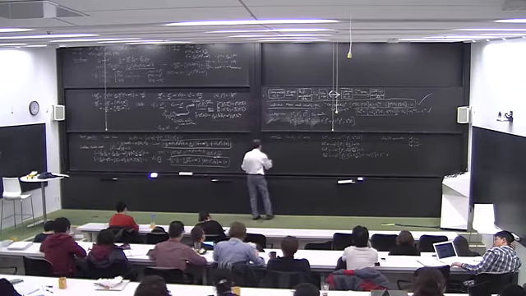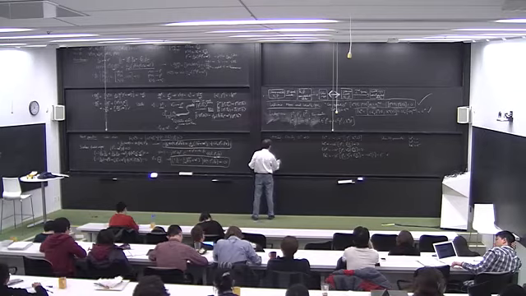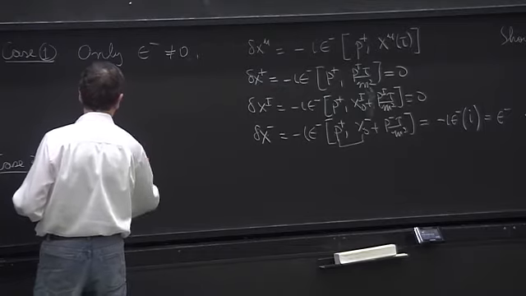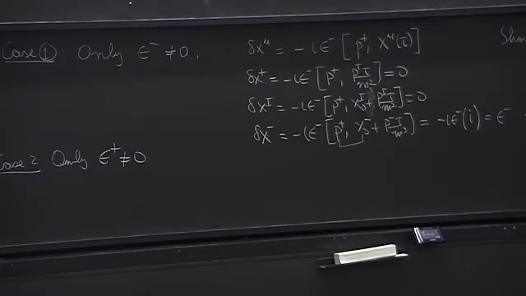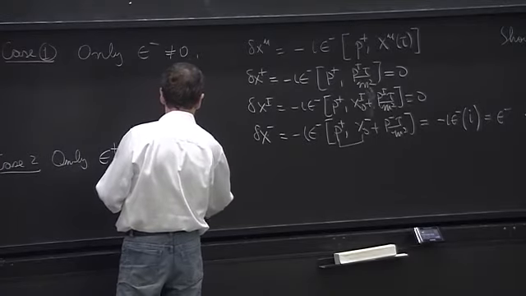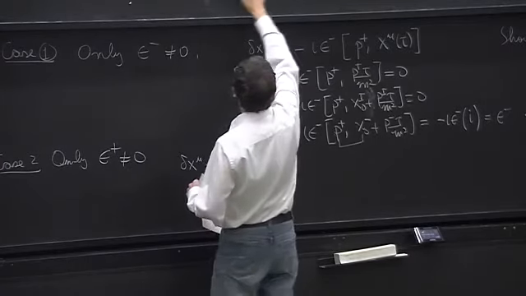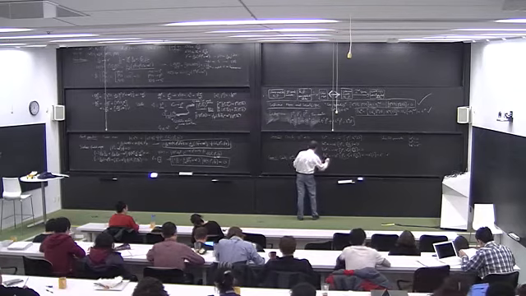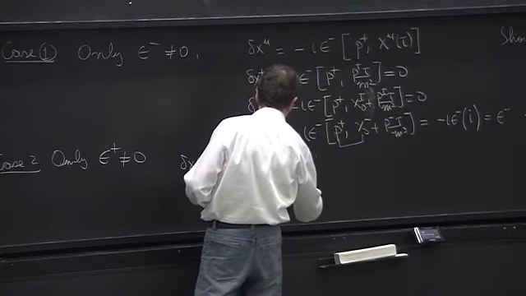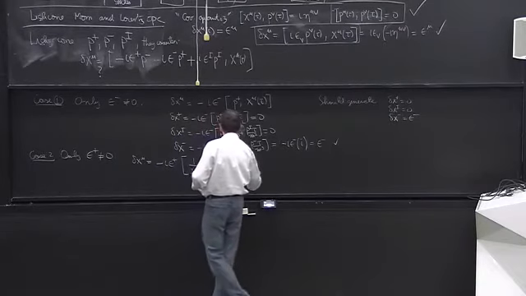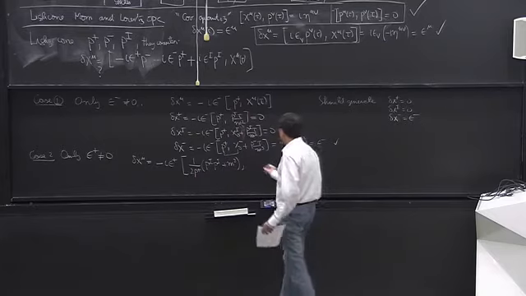Case 2. Only epsilon plus different from 0. Okay. So in this case, delta x mu would be equal to minus i epsilon plus times p minus, I'll write what it is, 1 over 2 p plus times pi plus m squared, with x mu of tau.